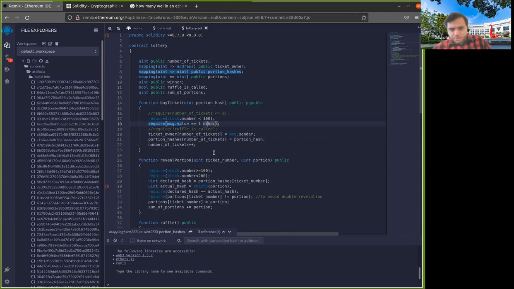So a way around this is to say, okay, I use the money that was paid to me for the tickets of dishonest people to refund the gas of honest participants.